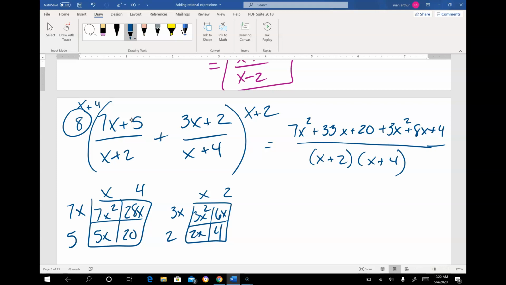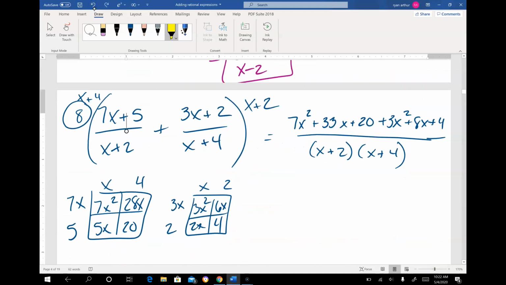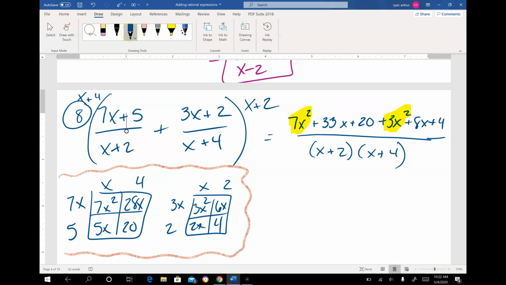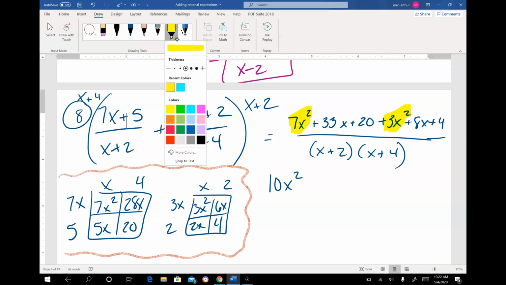Okay. Now, I can obviously clean up the numerator. 7x squared and 3x squared is going to give me 10x squared, and then I can combine, keep it in standard form, so go to your linear term.